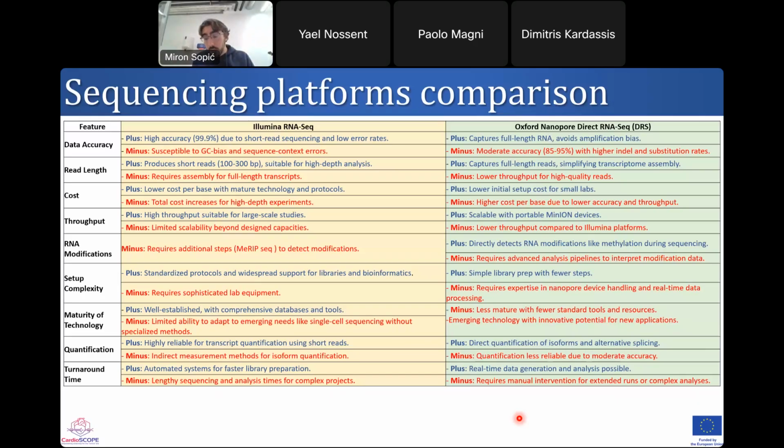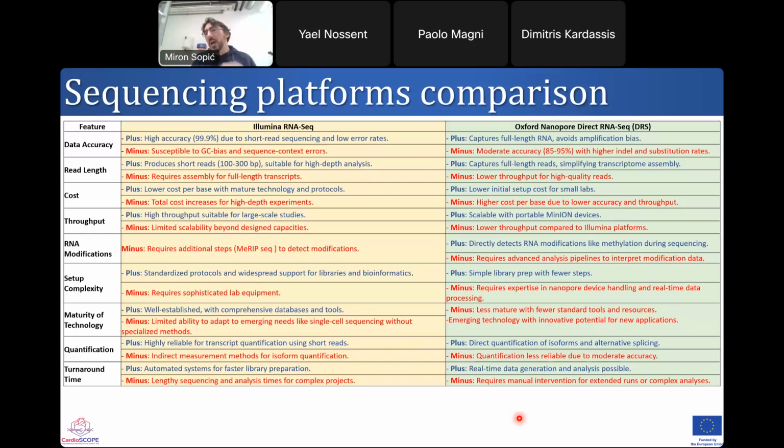Also, another thing that is good for Oxford Nanopore is that you do your sequencing, you finish your analysis, and then 2 years later they develop a pipeline for some new modifications. You can go back within your data and find those modifications through new pipelines, because the data is already there.